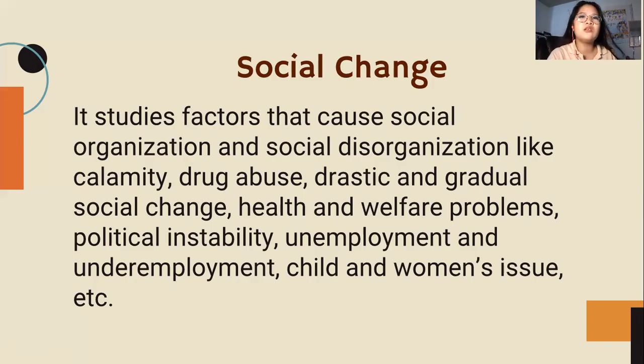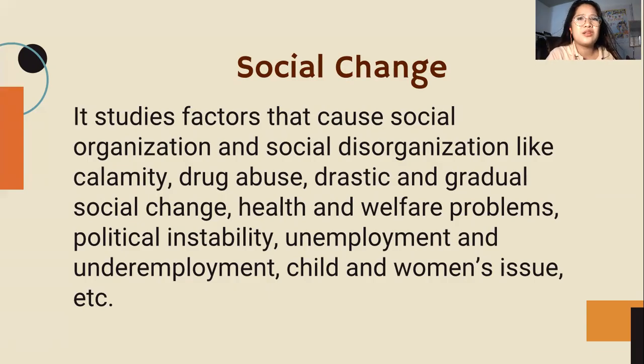And then we also have social change. It studies factors that cause social organization and social disorganization, like, for example, calamity, drug abuse, drastic and gradual social change, health and welfare problems, political instability, unemployment, underemployment, child and women's issue, etc. So these are factors, these are like impetus that causes organization or even perhaps disorganization.